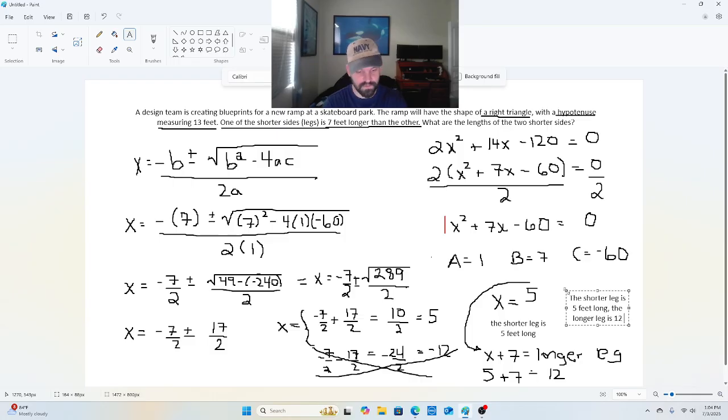and the longer leg is 12 feet long. As you guys can see, there are a lot of steps to take, especially ones that can cause some simple errors.